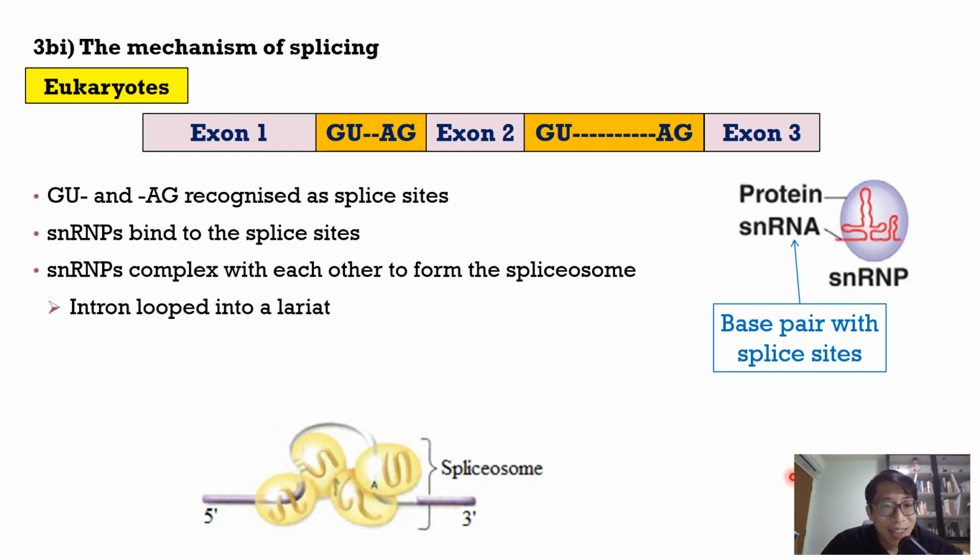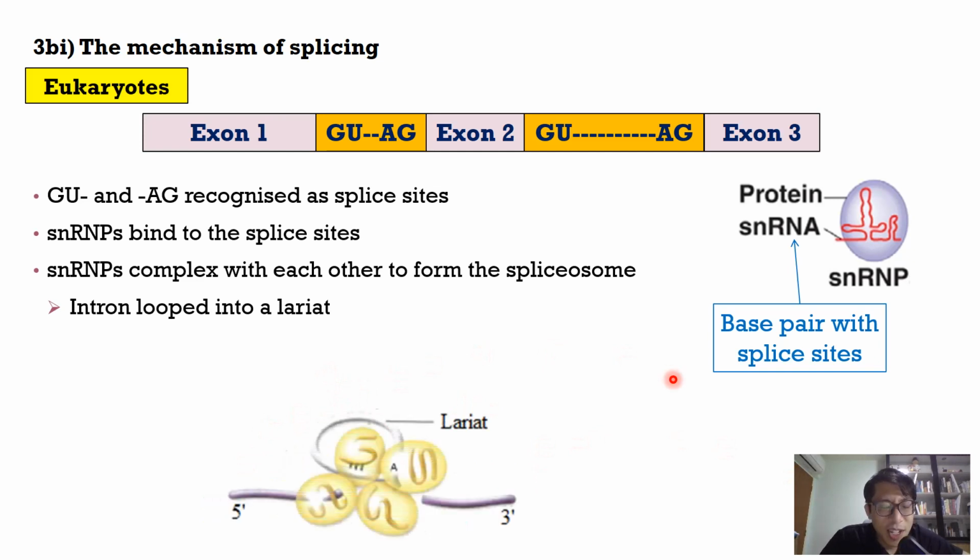This bending, this looping of the intron, forms a structure called a lariat. They loop some more, and you can see the exons, the purple colored ones, are now brought close together as the intron is looped into this lariat.